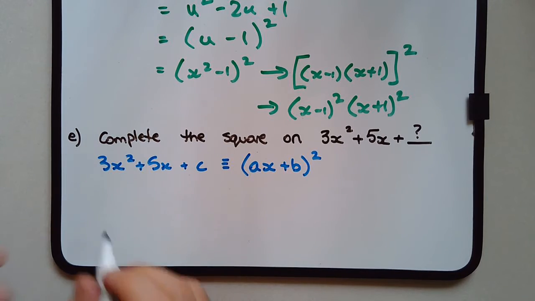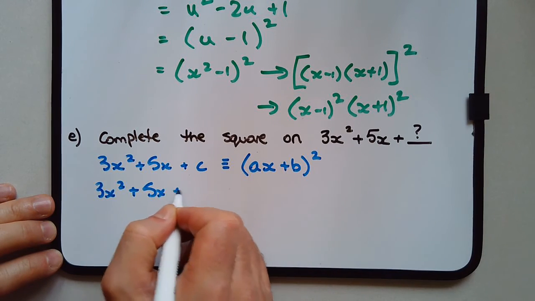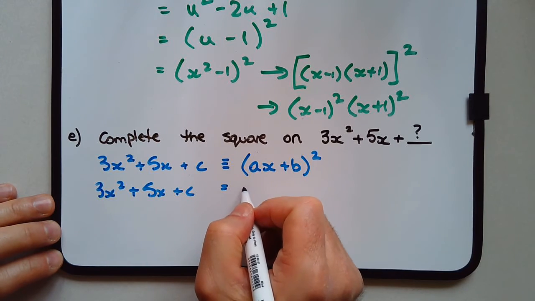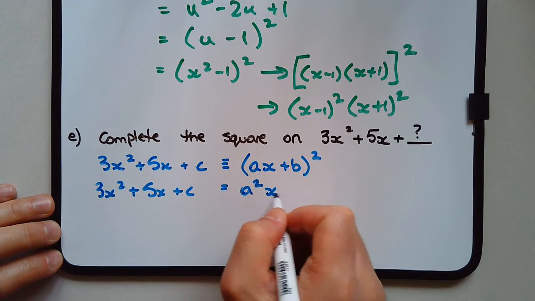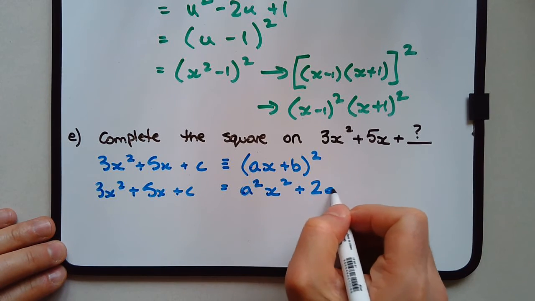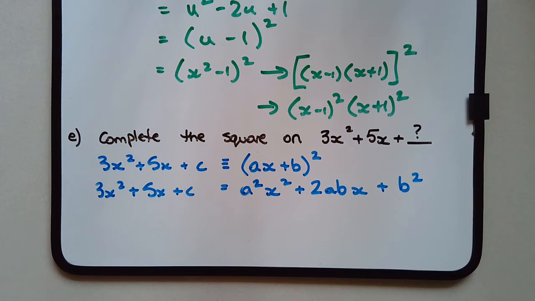So let's do that. 3x squared plus 5x plus c is equivalent to, now let's expand this perfect square, a squared x squared plus 2abx plus b squared. So what is this telling us?